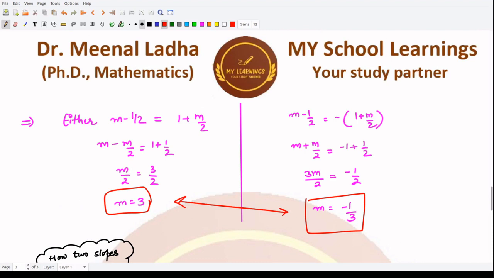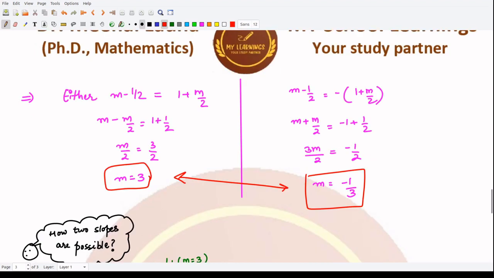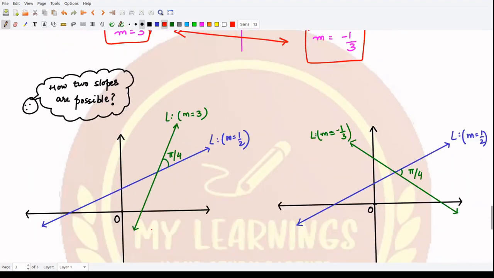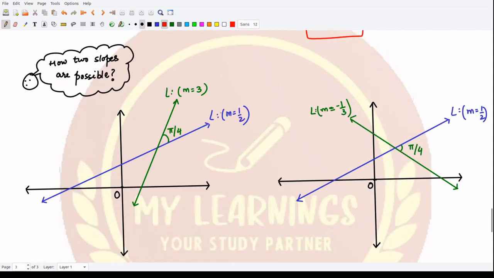Now you would think, how are two slopes possible for a particular line? How is that so? That is possible if one line is already given to you as m having slope 1 by 2. You need to find another line such that it makes an angle of 45 degrees.